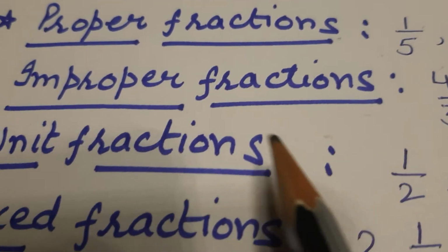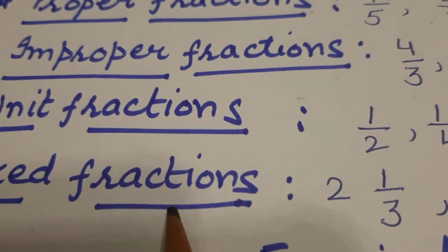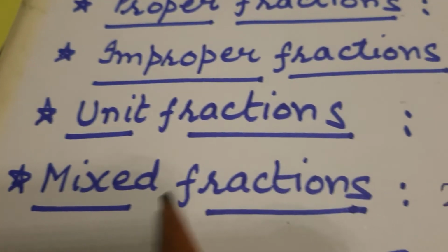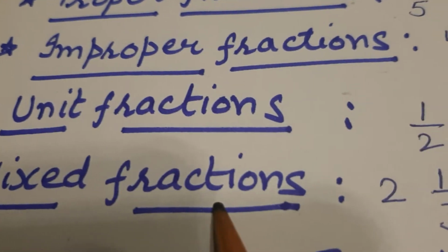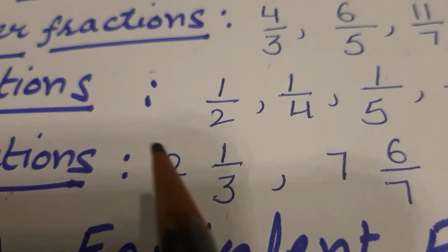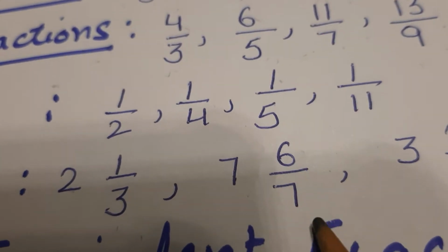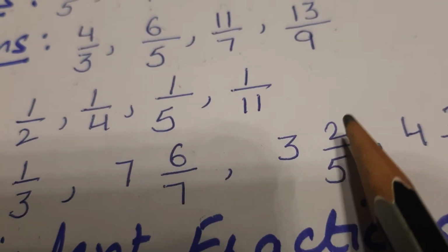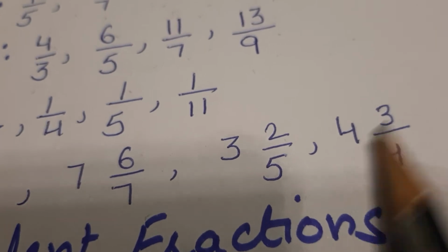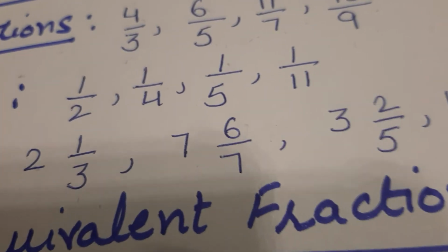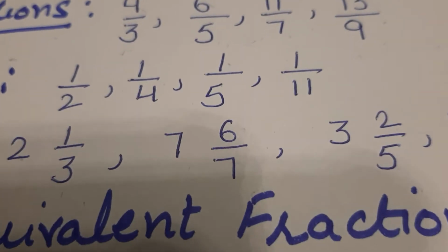Next, the last type is mixed fractions. These are also called mixed numbers, like this: 2 1 by 3, 7 6 by 7, 3 2 by 5, 4 3 by 4. All these are called mixed fractions or mixed numbers.